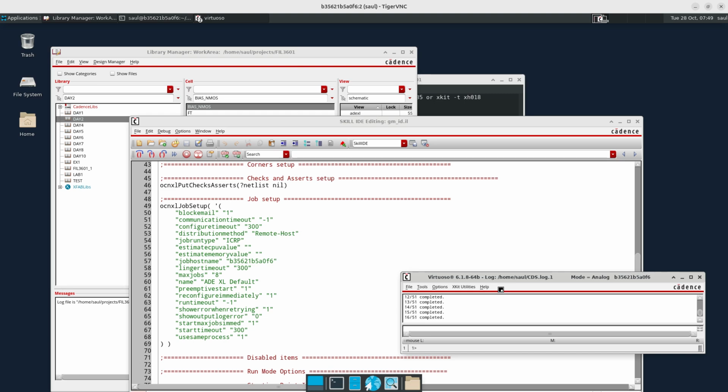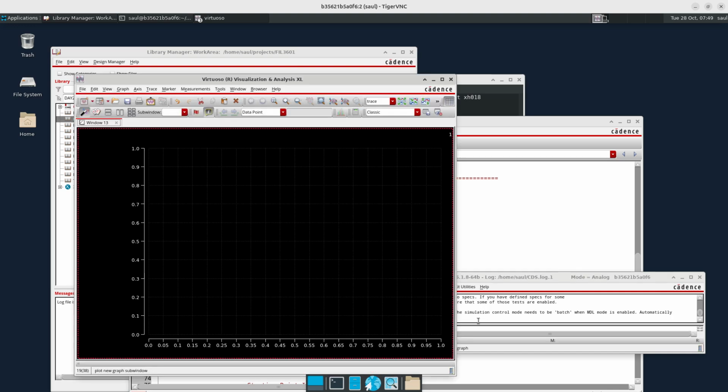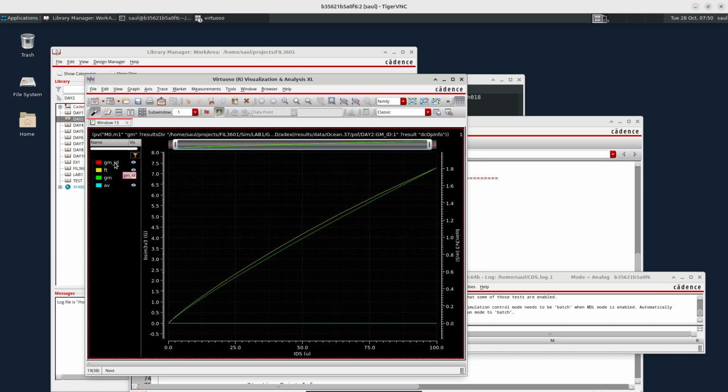So now we're sweeping the current, and let's see, it's finishing very soon. Okay, so we have here the gm over ID. So let's see.